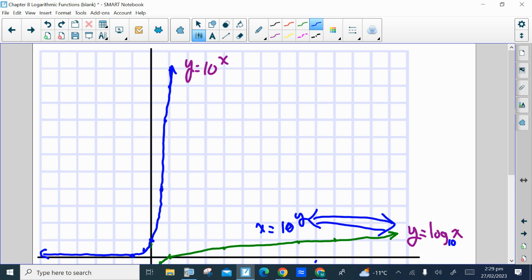So this means then that we can convert. We can convert from an exponential function and write it as an equivalent logarithmic function. And we can start with a logarithmic function and write it as an equivalent exponential function. And there's usually a question on the diploma exam, usually a multiple choice, where that's what they ask you to do.